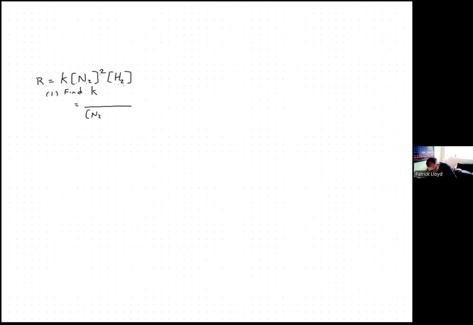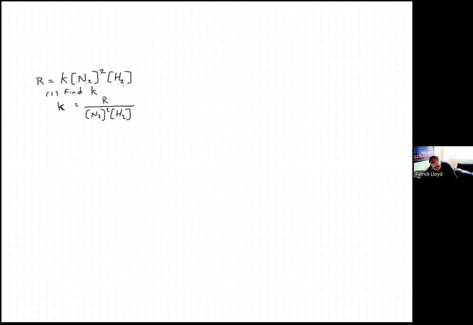There we go. So k is equal to rate divided by N2 squared divided by H2. Okay? So we divided both sides by N2 squared and we divided both sides by H2. So that leaves k on the right side and then that would be R divided by those concentrations.